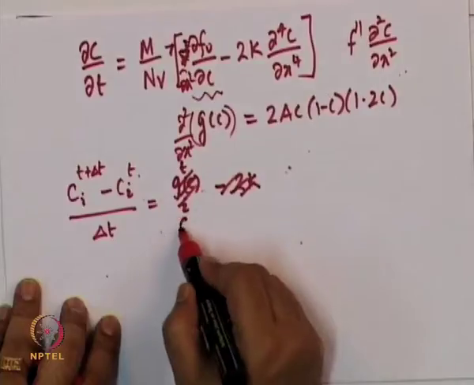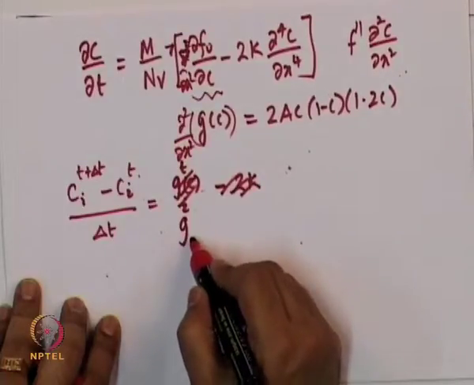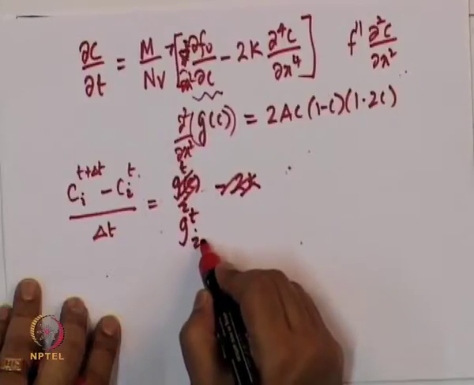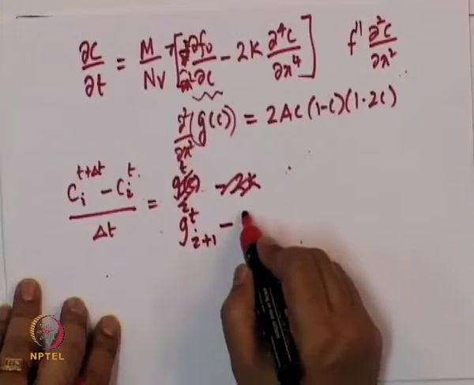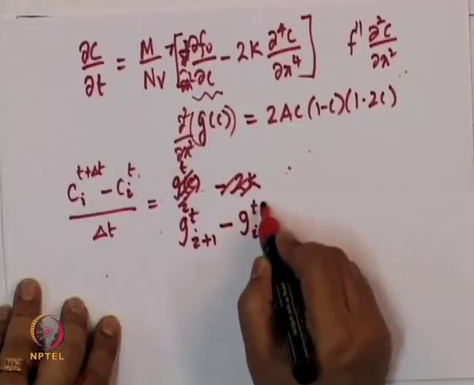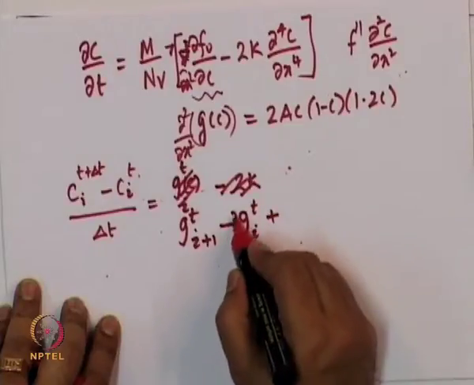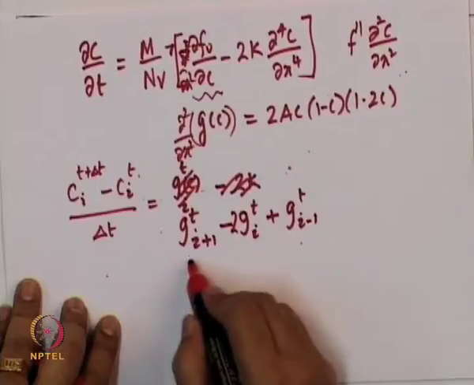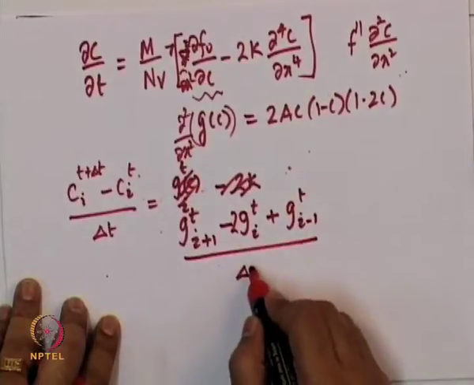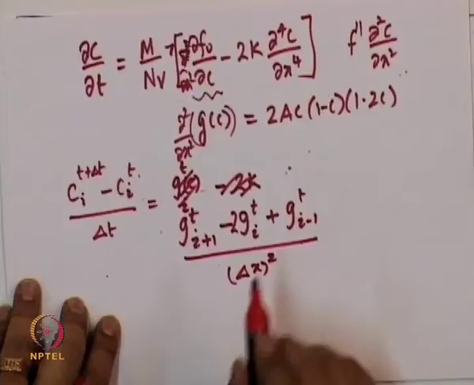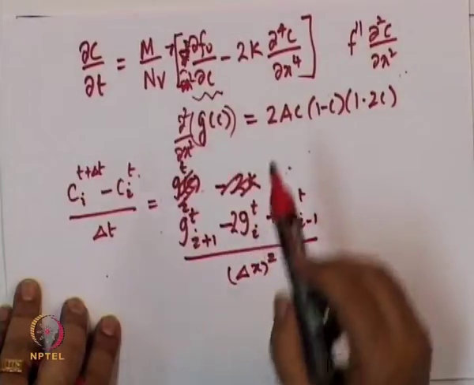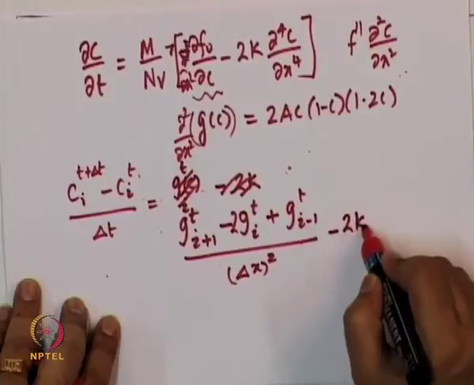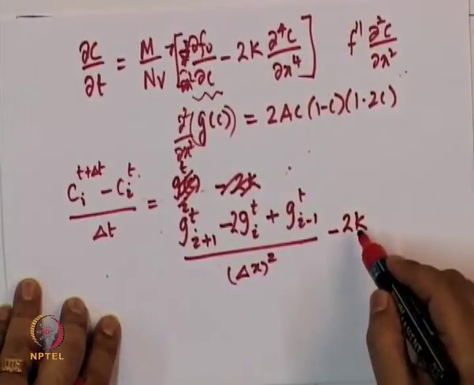So, that is going to be g at time t at position i plus 1 minus 2 times g(i, t) plus g(i minus 1, t), by delta x squared, right. So, this is the first term, and minus 2 kappa, this is the fourth derivative term.